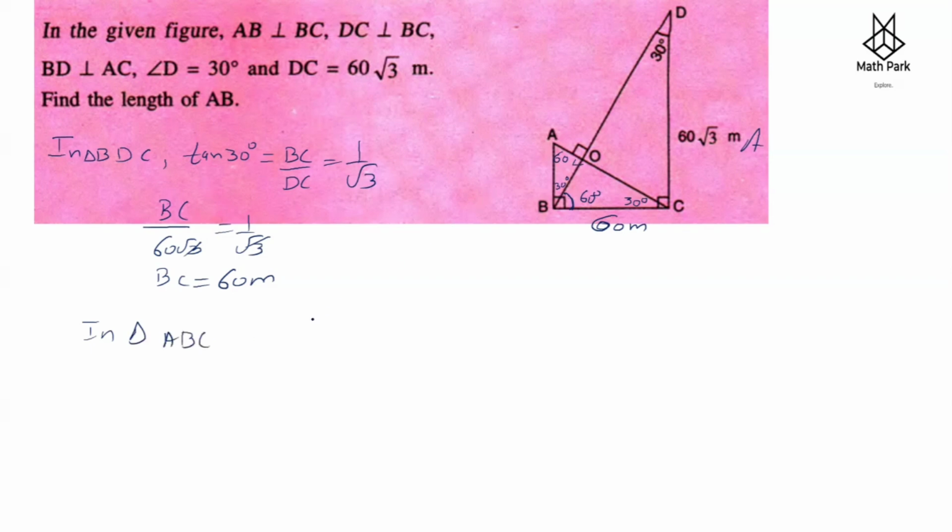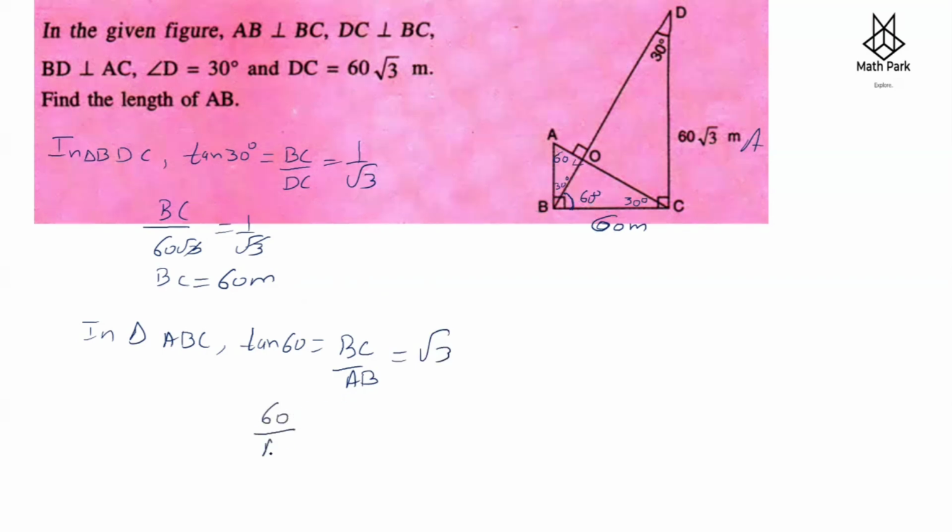So now in triangle ABC, you have angle A as 60 degrees. And with respect to that, the opposite side is given to you and you need to find the adjacent. AB is to be found out. So in this triangle ABC, we have tan 60 degrees is equal to opposite upon adjacent, which is BC upon AB. Tan 60 is root 3, and BC is given to you as 60.